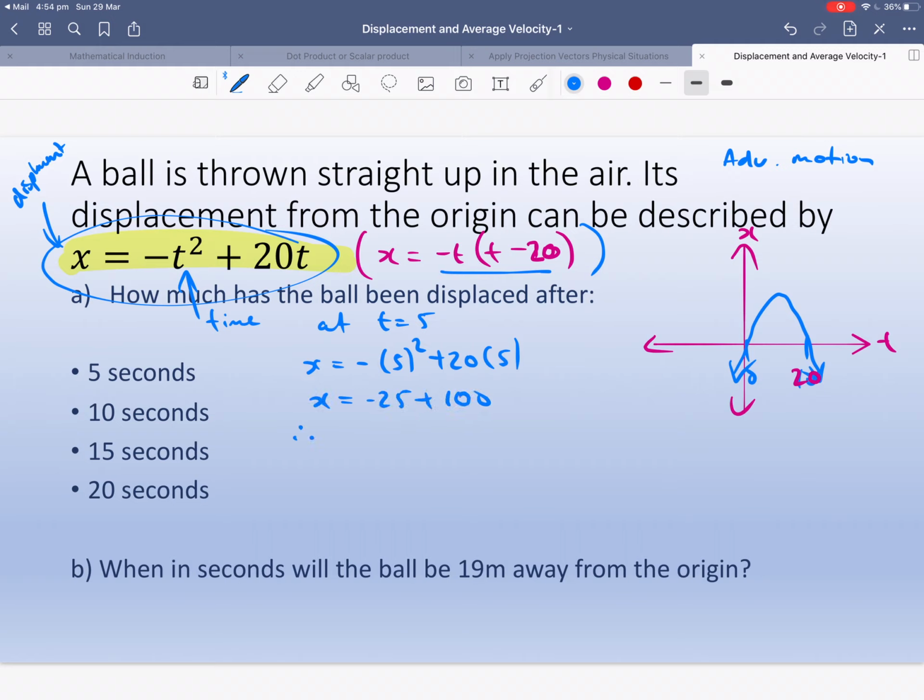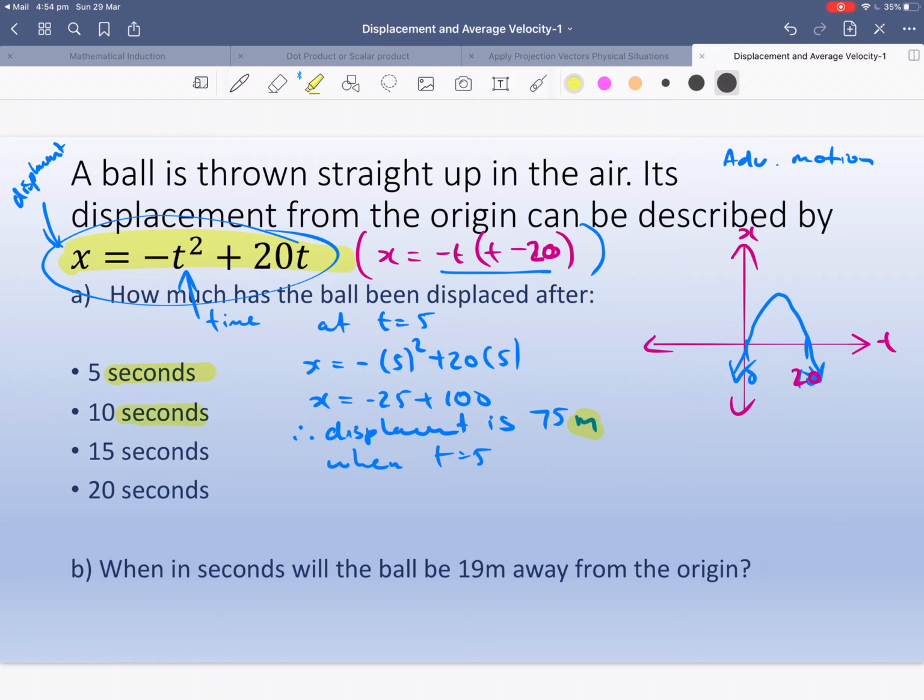Therefore, displacement is 75 meters when t equals 5. In motion, unless told otherwise, t is seconds and displacement is meters. You can change the units, but it's not often that happens. This is the case most of the time. So that's the first one.